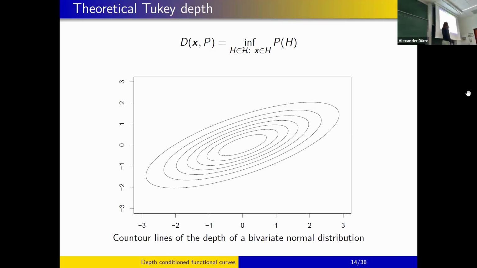Instead of counting points, you integrate over probability mass. So this is the same. Here the minimum half space at this point is this, and it has some probability mass. And these are the contours of the Tukey depth. So these 2 points have the same Tukey depth. And since it's a normal distribution, the contours of the Tukey depth are elliptical.